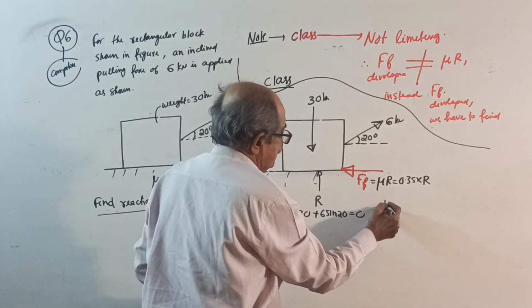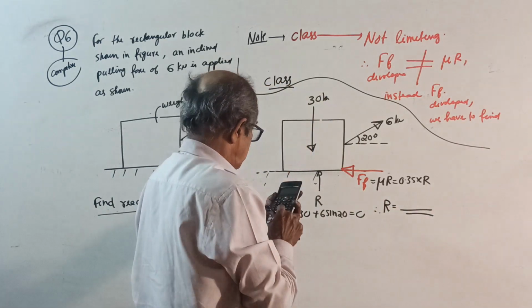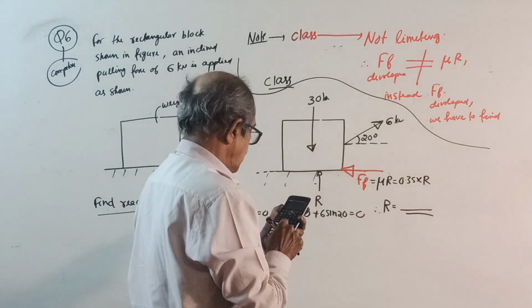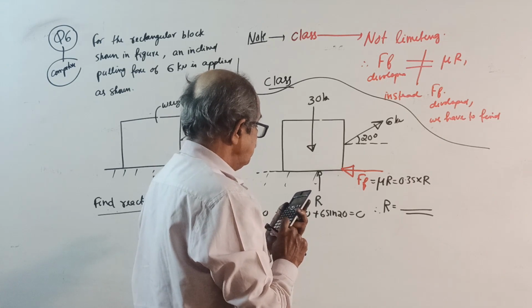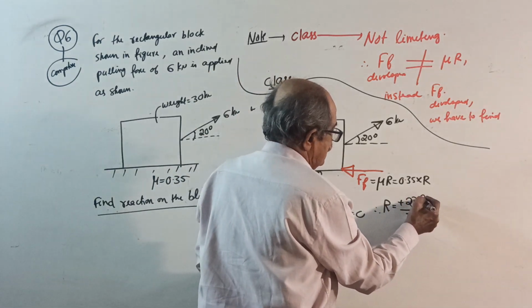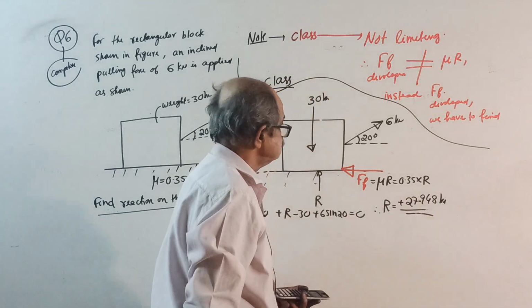They will get R equal to 30 minus 6 into sine 20, which is 27.948 kilonewton. Okay, they will get R.